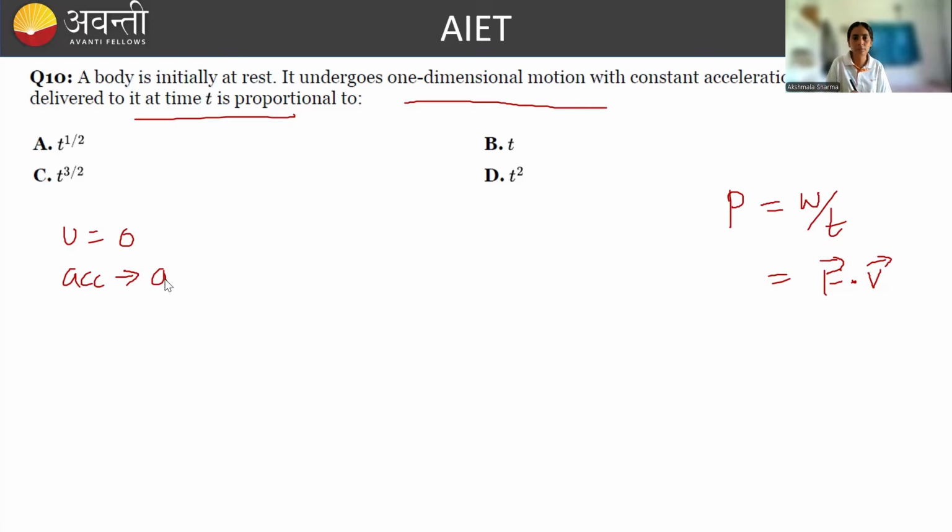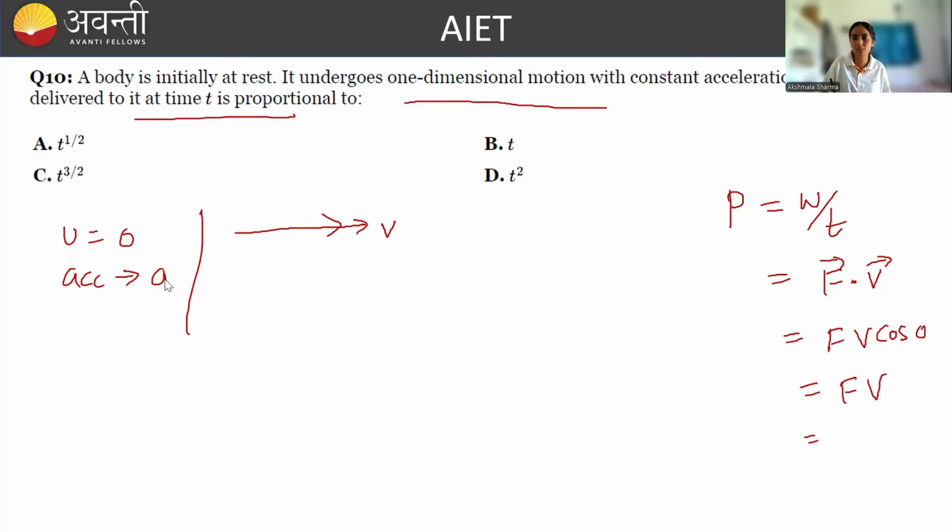So for power delivered, since the body is moving in one-dimensional motion and accelerating along that line, velocity will also be in that direction. That is, acceleration and velocity share the same direction. It means force and velocity have the same direction, so we can write F v cos 0. Our power will be force into velocity. Force is here how much?